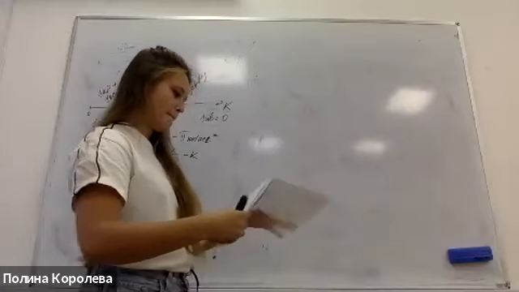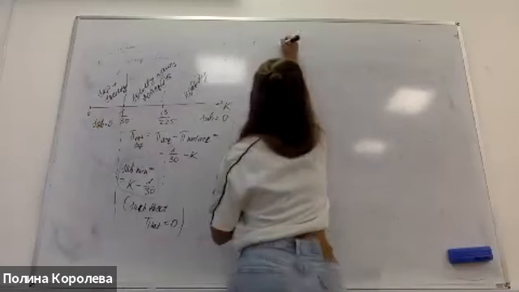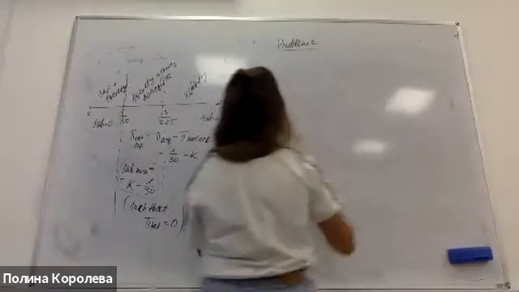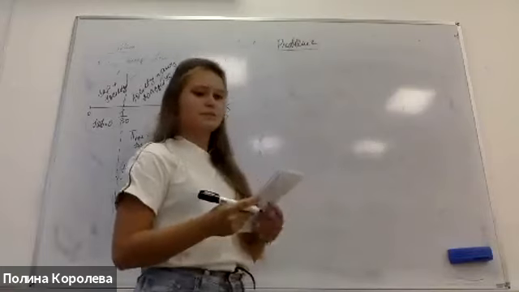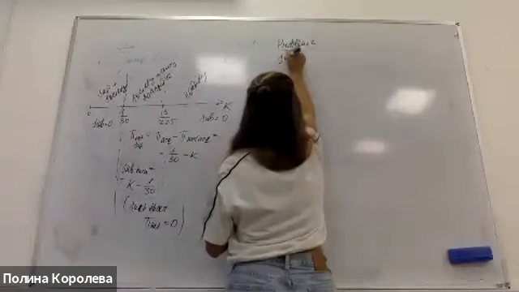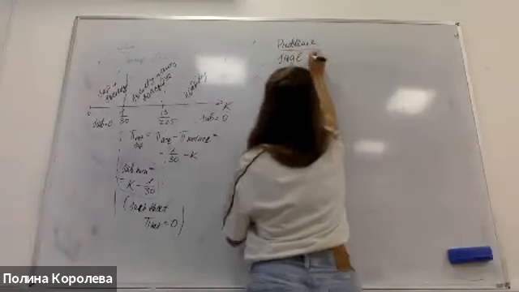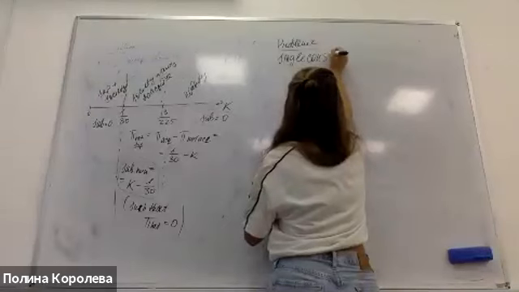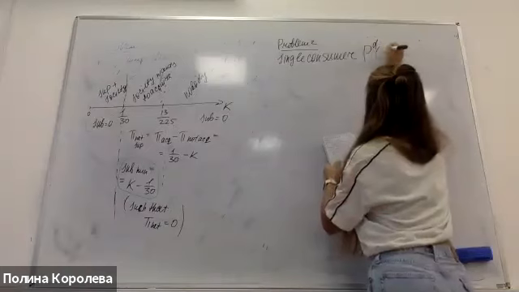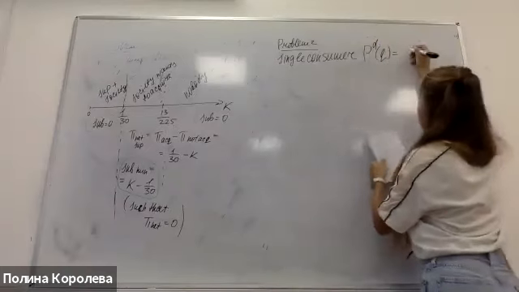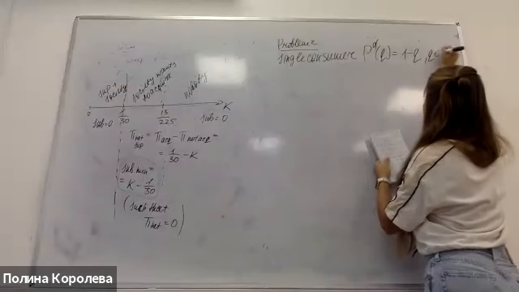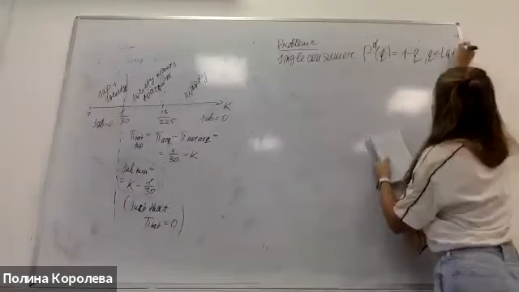Let's see. Second problem. What do we see? We have one single consumer with demand 1 minus Q, and the quantity is between 0 and 1.